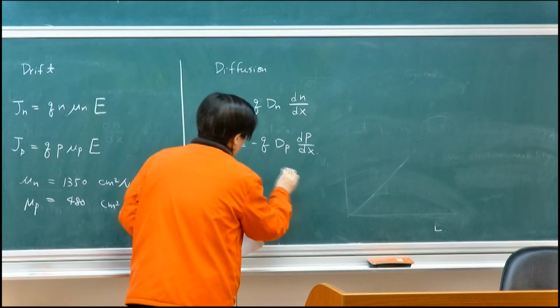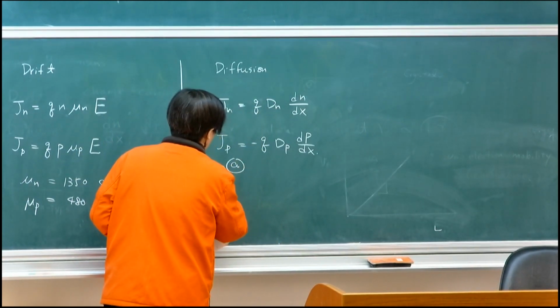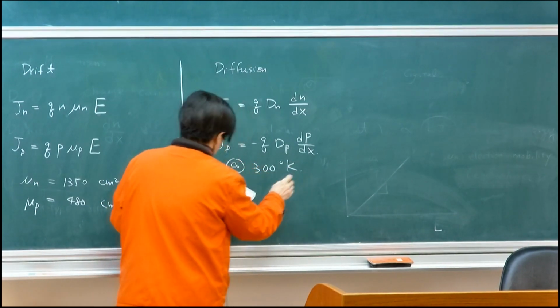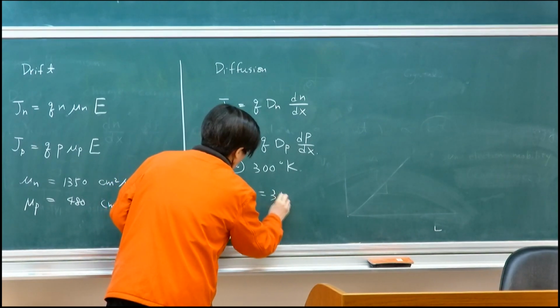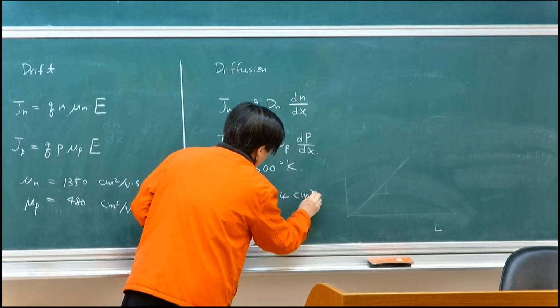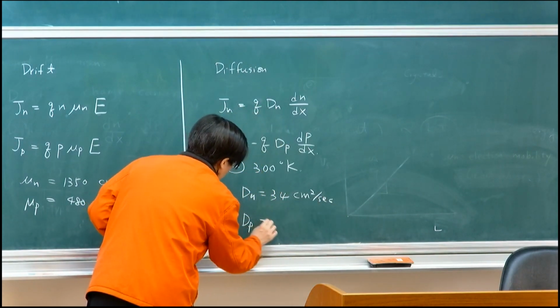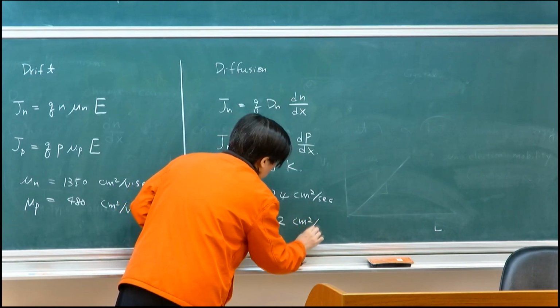And for silicon at 300 degrees K, we get Dn equals 34 cm squared per second. Just to give you a number, and the diffusion constant for holes is about 1/3 lower.